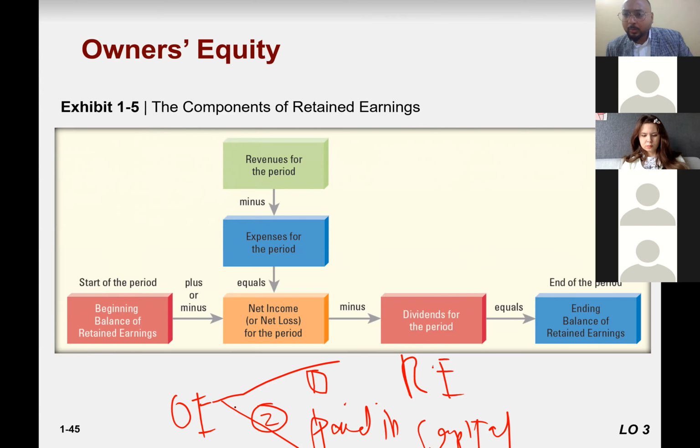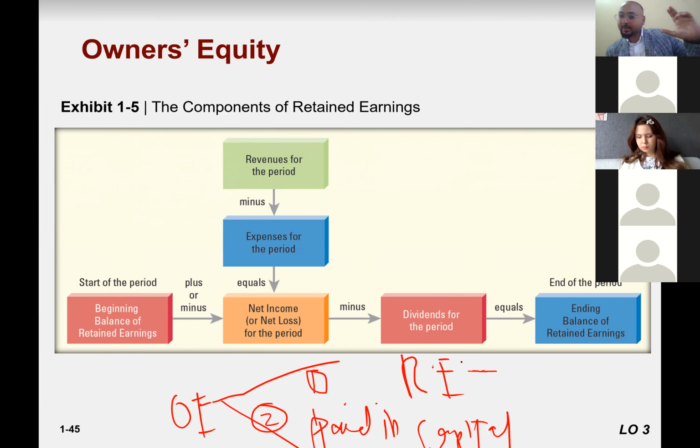So is this a liability or owner's equity? Of course, this belongs to owners, so we categorize it under owner's equity. And how can we calculate the total retained earnings from previous years?